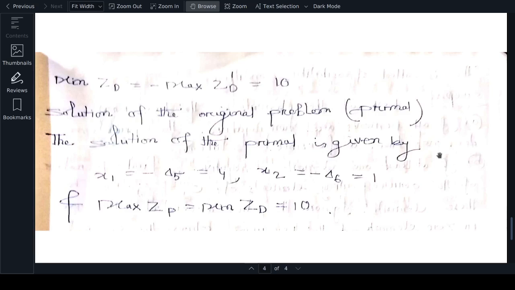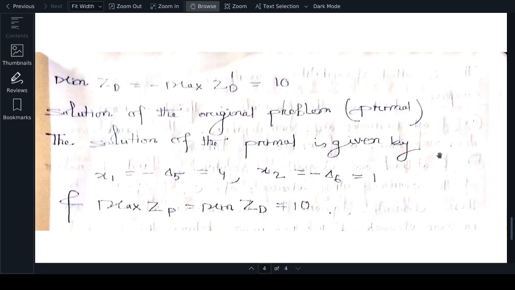Here x1 equal to, we consider our slack variable in the W6 column, so this is our delta 5.